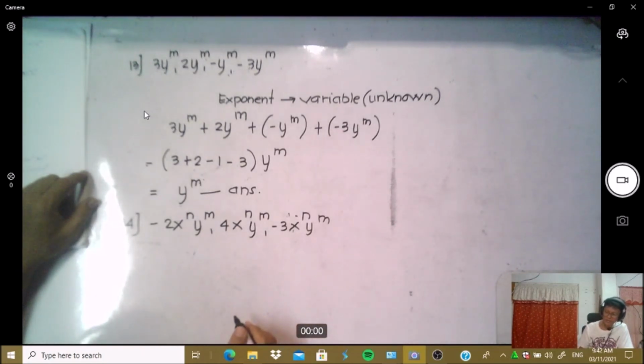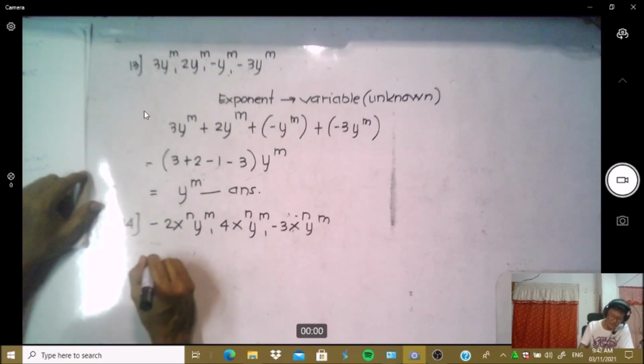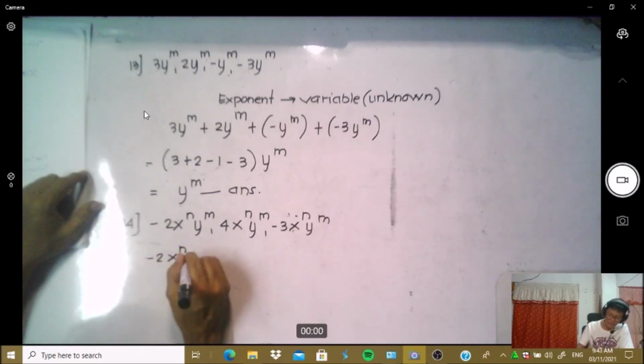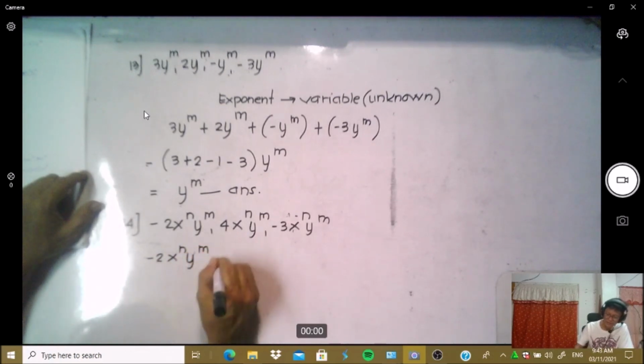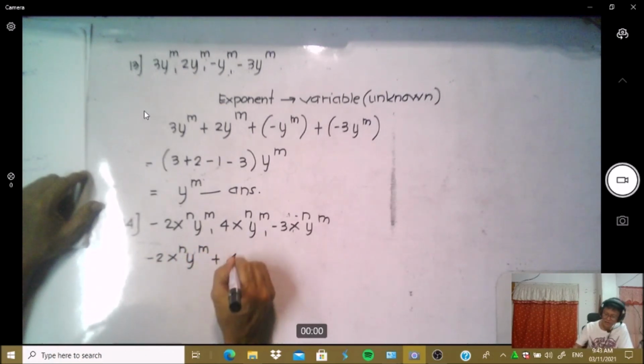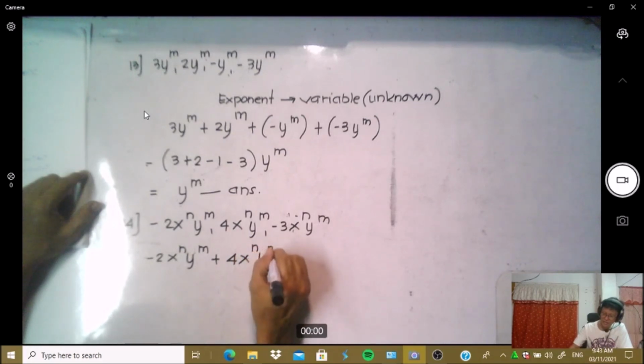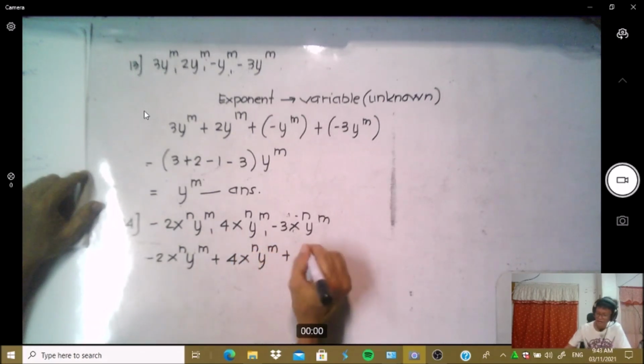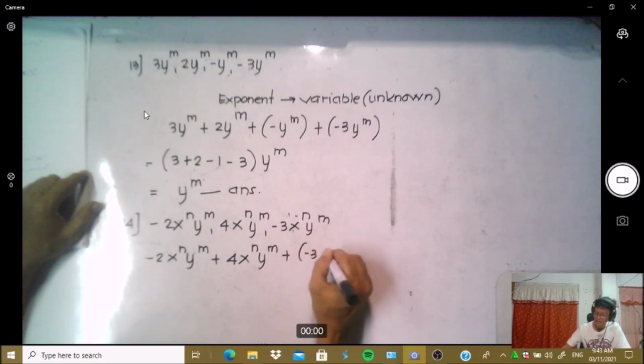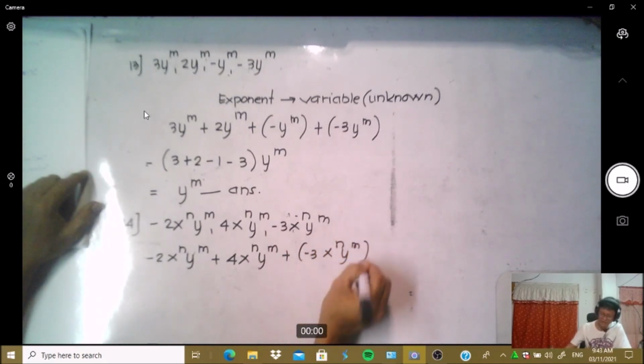So we are just going to add algebraically the coefficients.